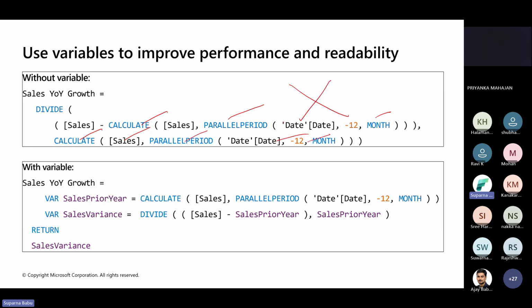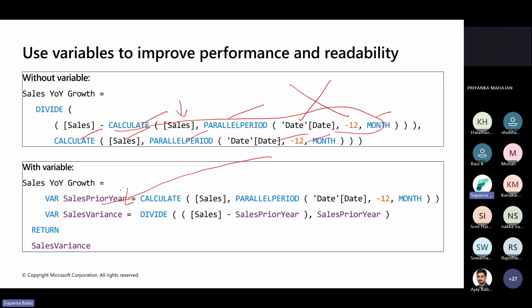But now here you can see I am going with year over year. First I am calculating sales for the prior year, bringing this completely into one variable called previous year sales. Next I am using one more variable, which is this one. Here, sales is already a default measure.